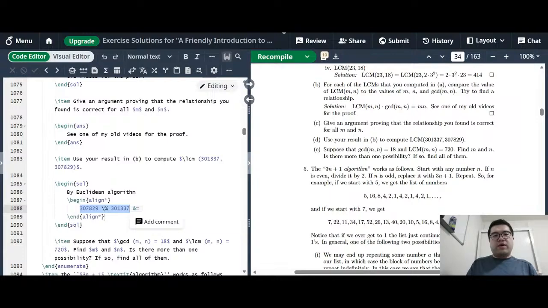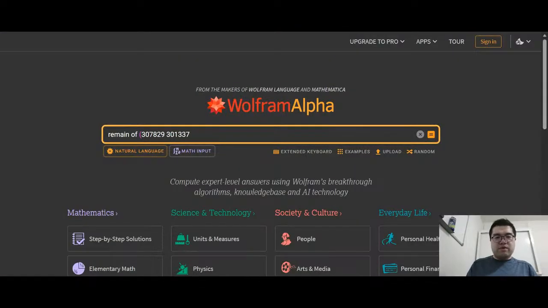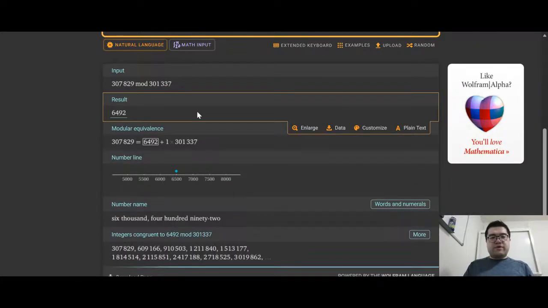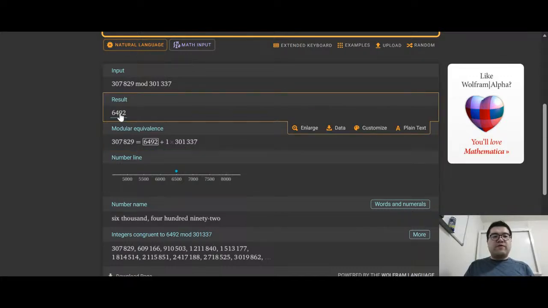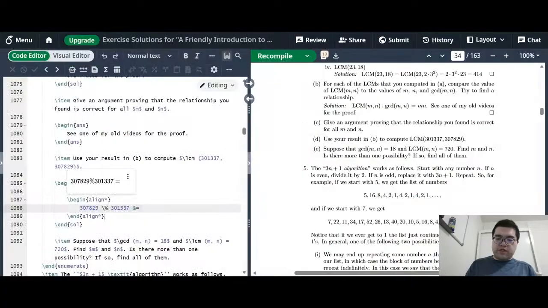So right now here, we see that the remainder is, well, this time they actually somehow box it in the front. It's going to be 6492. So going back, I'm going to type it down, 6492.